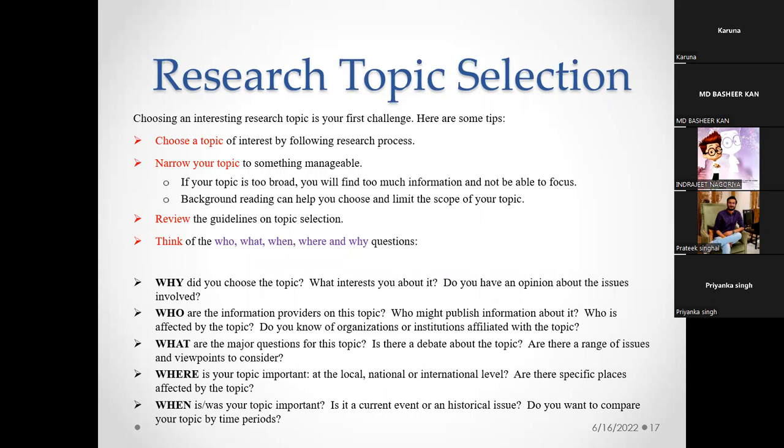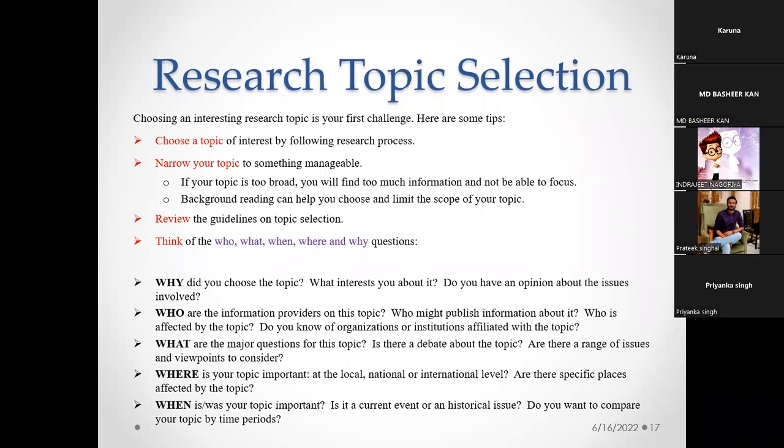You can move to the specific. If your topic is too broad, you will find too much information and will not be able to focus on it. So what should be your intention? Try to narrow the topic, so that you can focus on your specific part. Then background reading can help you to choose and limit the scope of your topic. Review the guidelines on topic selection.